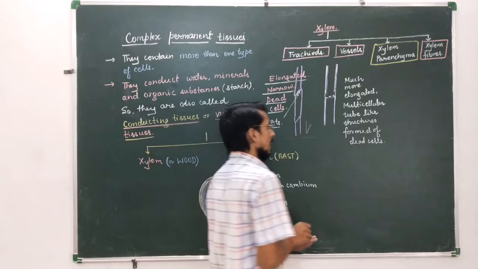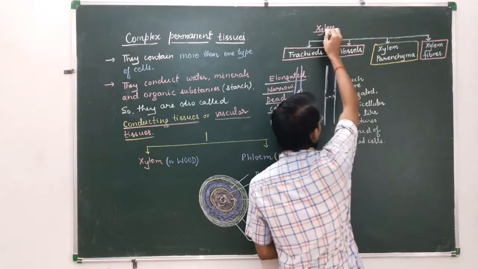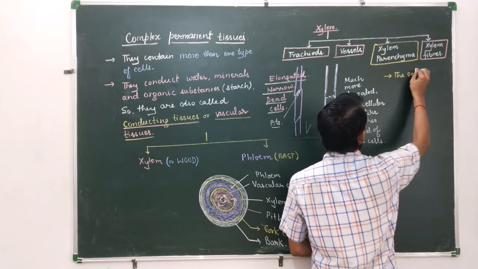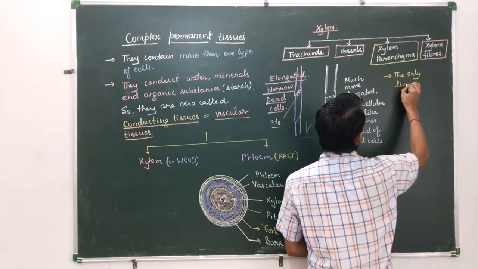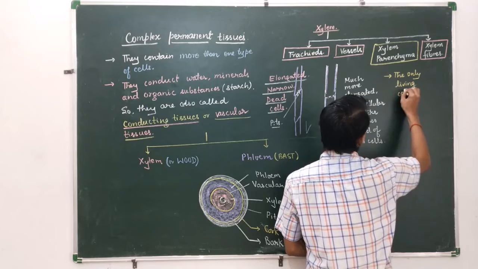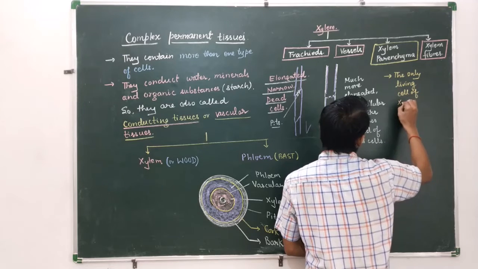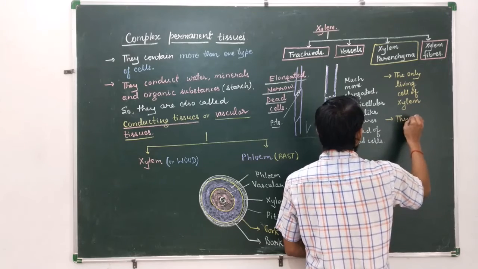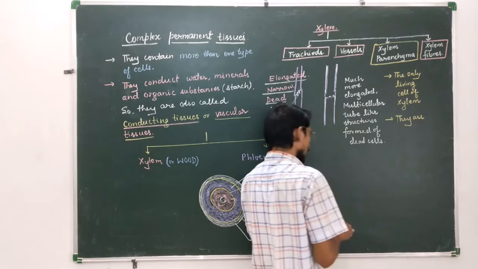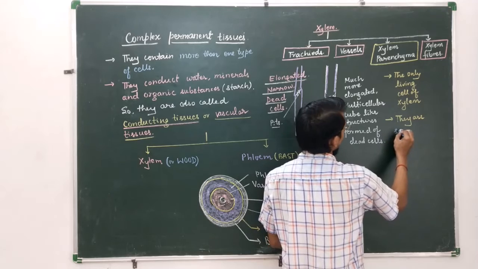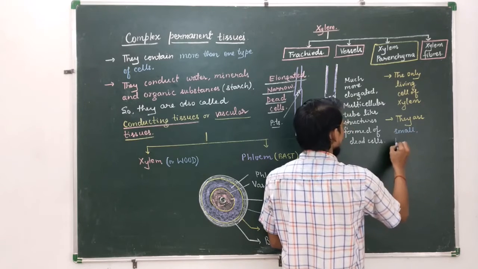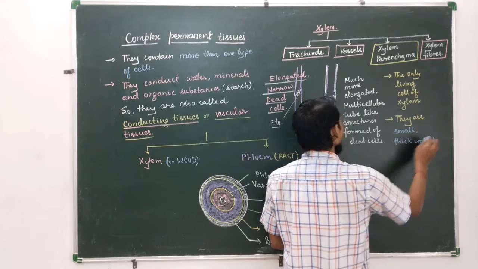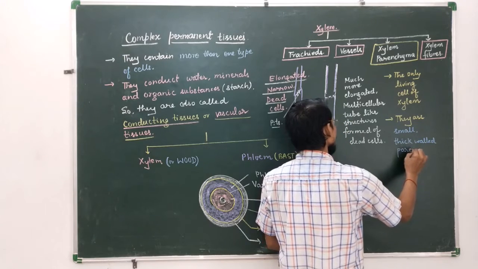Now xylem parenchyma, the only living cell of xylem. So let me write it first. The only living cell of xylem. You must remember it. Okay. They are small, thick-walled parenchymatous cells.